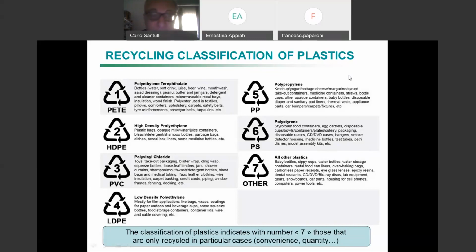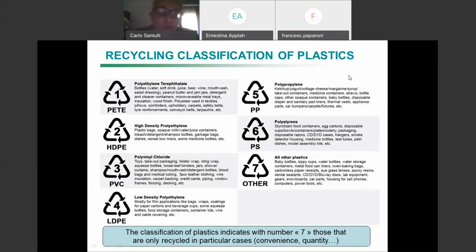Medicine bottles are unlikely to be recycled because they end up in hospital or in specific landfilling sites, and at the end of life, it's tricky to dispose of them by recycling, because they need to be separated from all the rest, for example, for medicine blisters, drug blisters, etc., and syringes, and so on. So in some cases, it's not easy to recycle that.